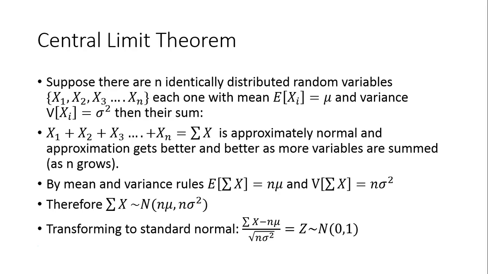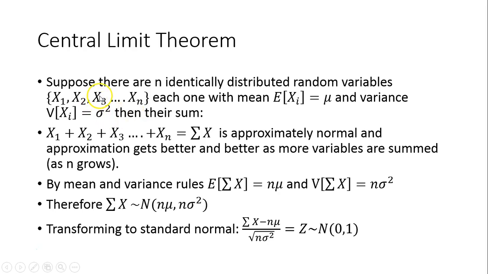Okay. So moving on. Suppose there are n identically distributed random variables. They're also independent from each other, which, don't worry about what that means for now, okay? So x1, x2, x3, dot, dot, dot, xn. So x1 through xn. Each one of them is identically distributed and independent from each other. Each one, the ith one, has a mean, expected value of xi, of mu and a variance of sigma squared.